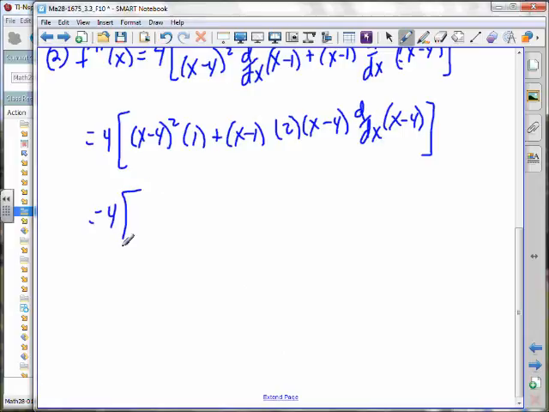Okay, so I've got 4, and let's see, this is x minus 4 quantity squared, plus, let's see, this will be 2 times x minus 1 times x minus 4 times 1. I'm going to opt not to put that in.